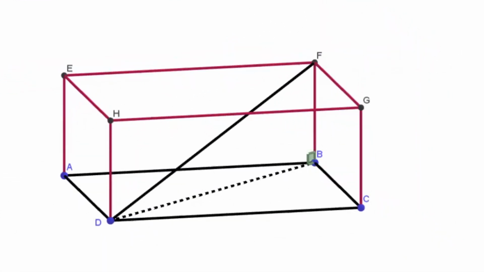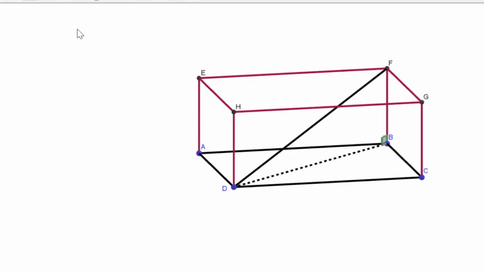So now we will move on to calculate the length of FD, which is the longest diagonal. How do we calculate this? We are going to use Pythagoras because we have this right angle triangle here.